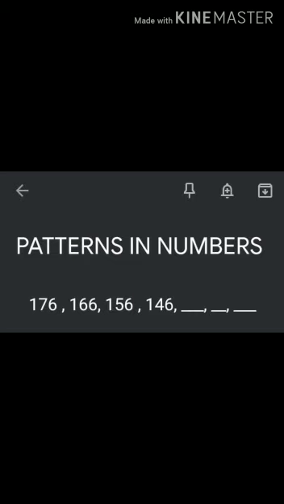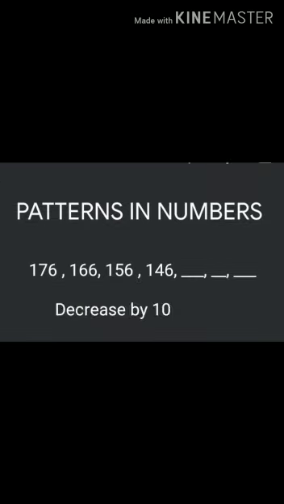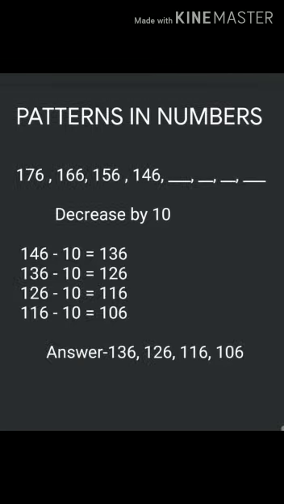If you look at the numbers carefully, each term is 10 less than the previous term. We will minus 10 from each number. So the next number which we will write is 136.